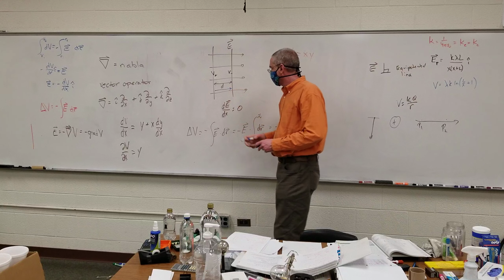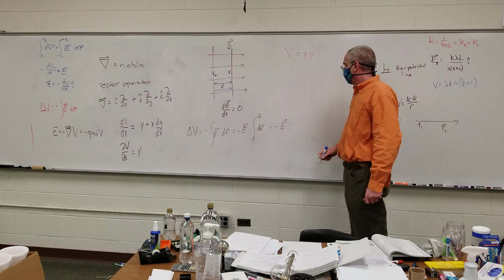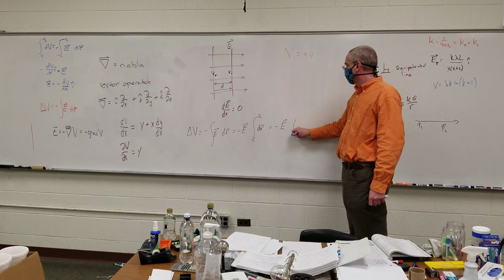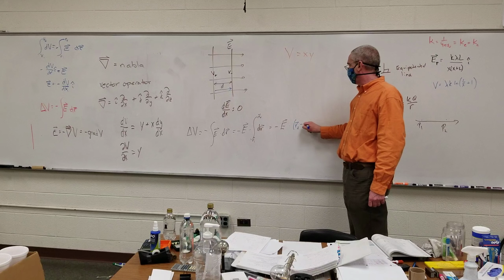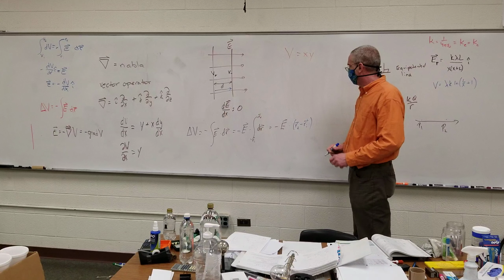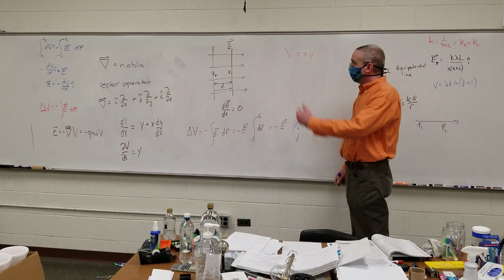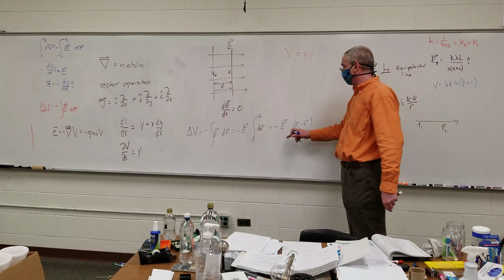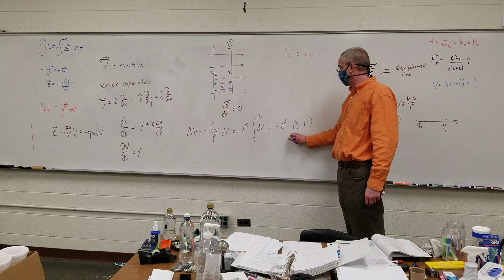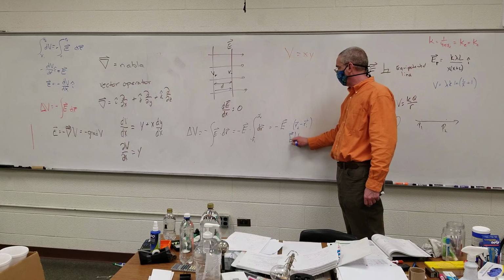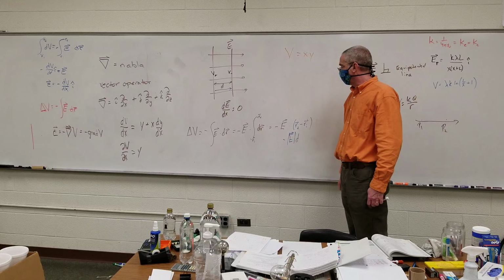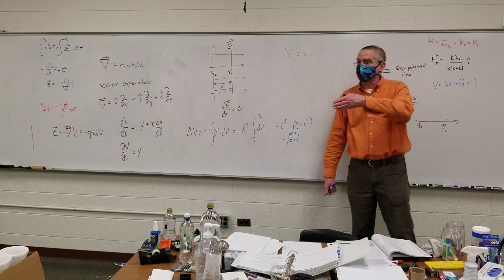So this becomes R final minus R initial, which is just D. Since I'm going in the direction of the electric field, my dot product is a positive value, so this is just the magnitude of my electric field times D with a little minus sign right there to indicate that we're going to a lower potential.